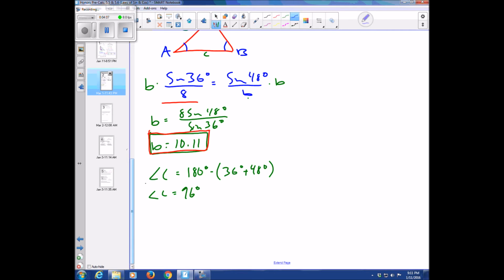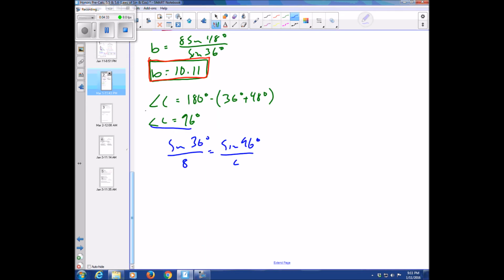And now since we've got angle C, we can use our original ratio in the same way we did with angle B to solve for side little c. So sine of 36 degrees over our side of 8 equals sine of 96 degrees over side little c.